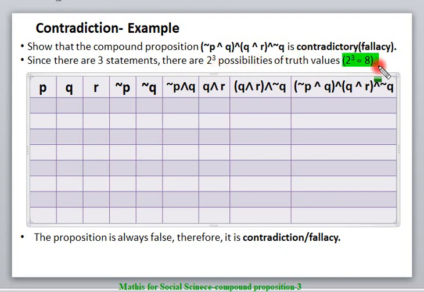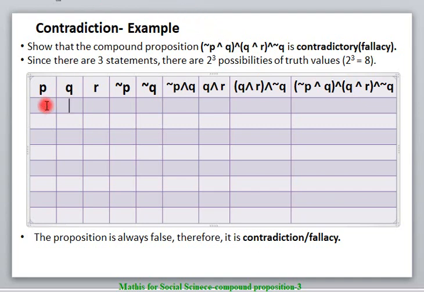As you have learned in the second tutorial, we are going to write all possible propositions and compounds. So here we have to write P, Q, R and their corresponding negations, and we move from simple to complex ones, and finally we write this one here.